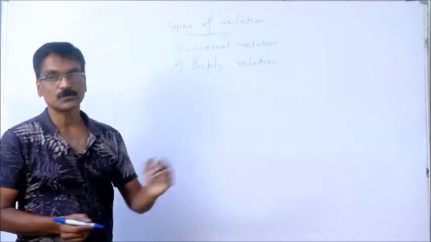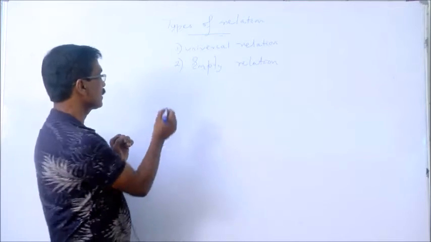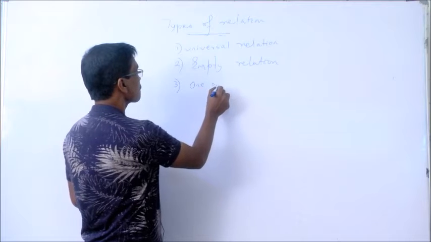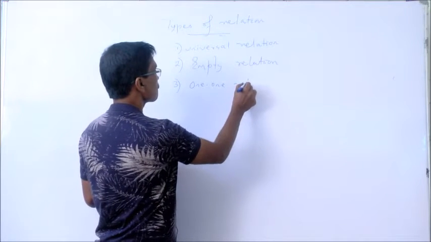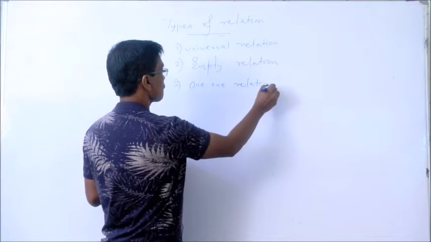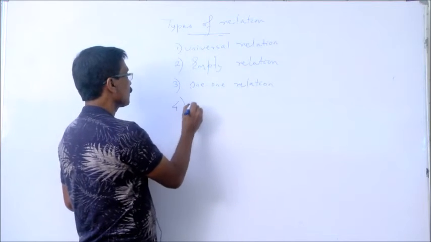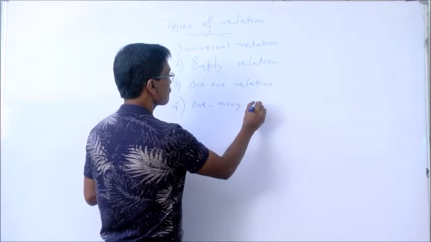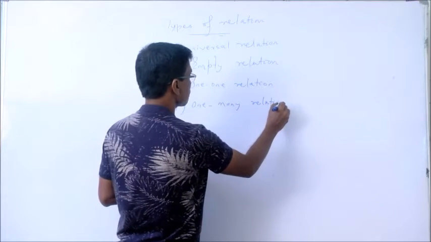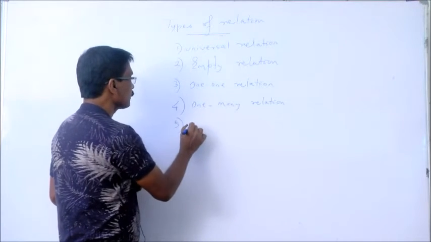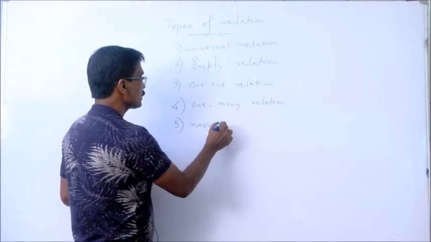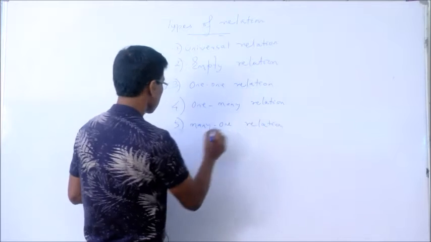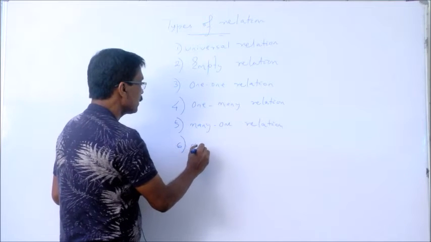Besides these two, universal and empty relations, the third one is one-one relation, one-many relation, many-one relation, many-many relation.